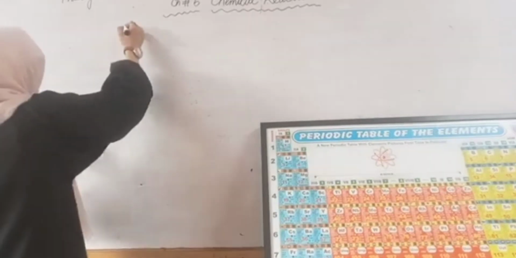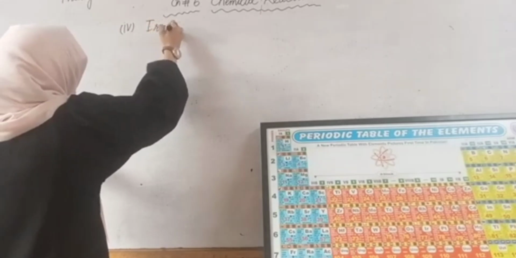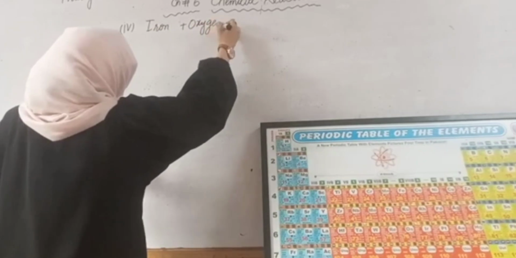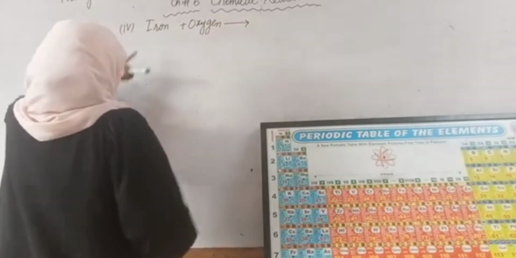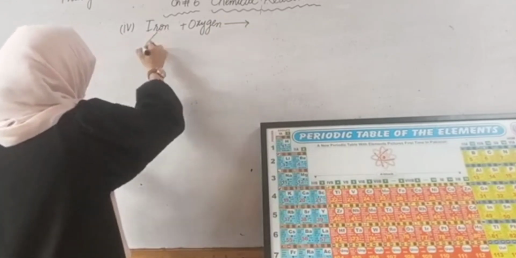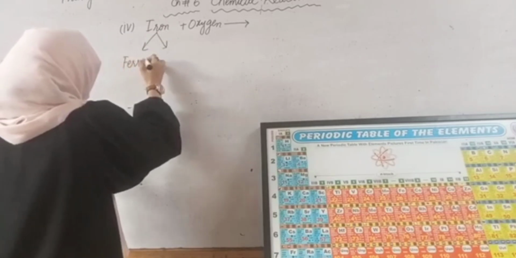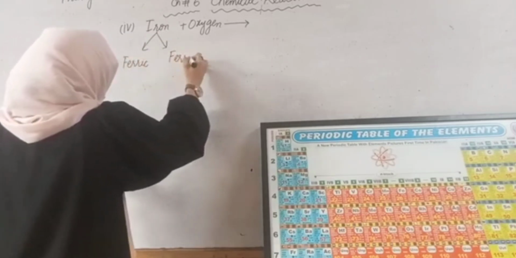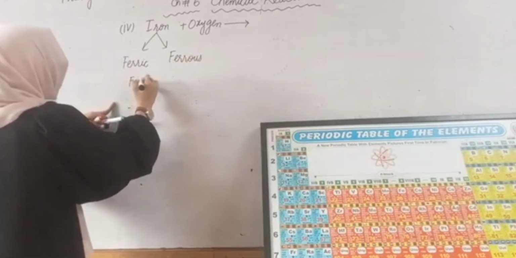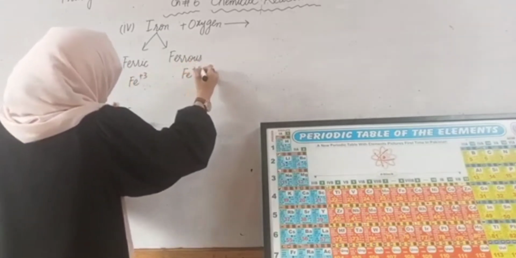So our fourth example is the reaction between iron and oxygen. We have discussed one thing about iron, that it is found in two states, ferric and ferrous. Ferric has plus 3 charge, Fe plus 3, and ferrous has plus 2 charge, Fe plus 2.